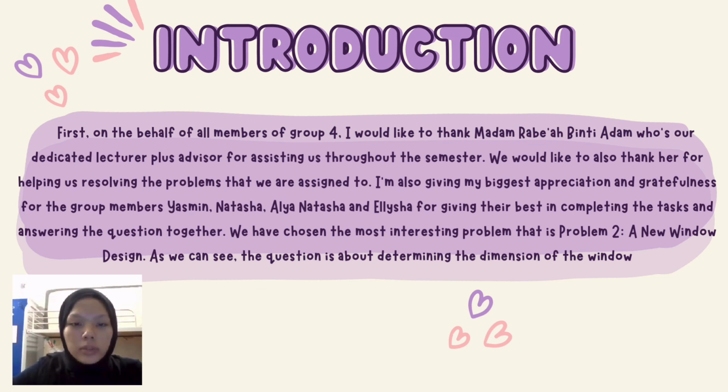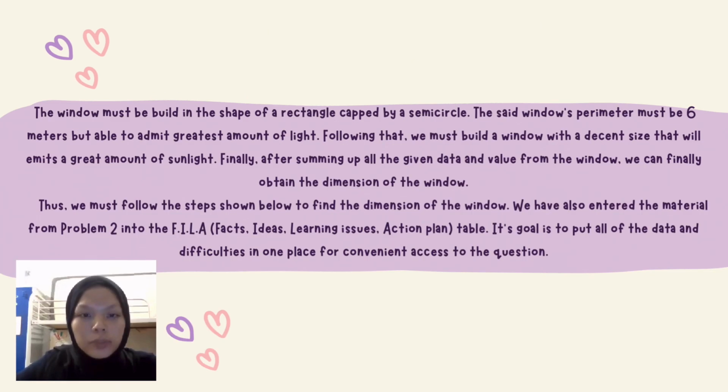We have chosen the most interesting problem, that is Problem 2, a new window design. As we can see, the question is about determining the dimension of the window. The window must be built in the shape of a rectangle capped by a semicircle. The window's perimeter must be 6 meters, but it must also admit the greatest amount of light.